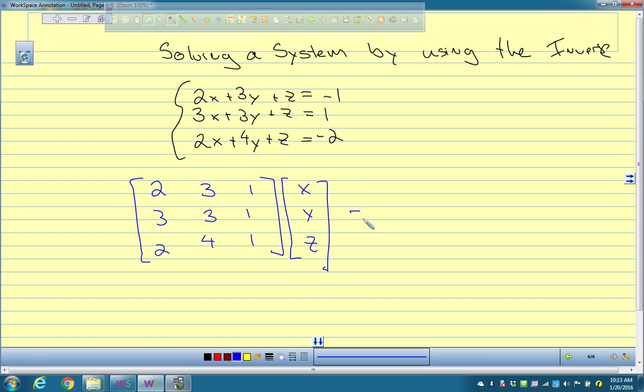Remember we rewrote a system of equations as matrices.